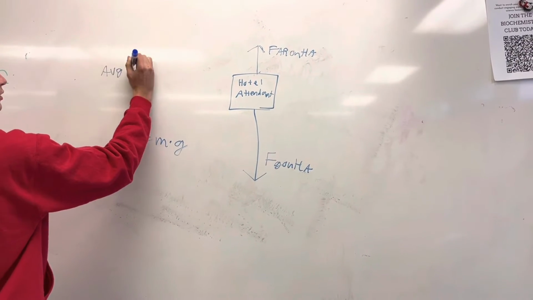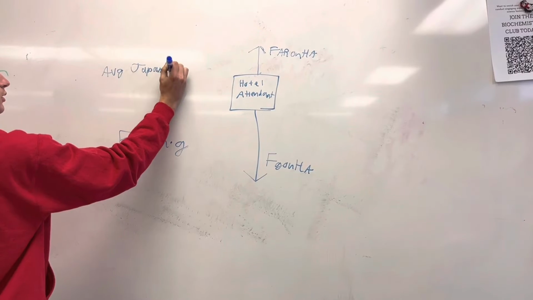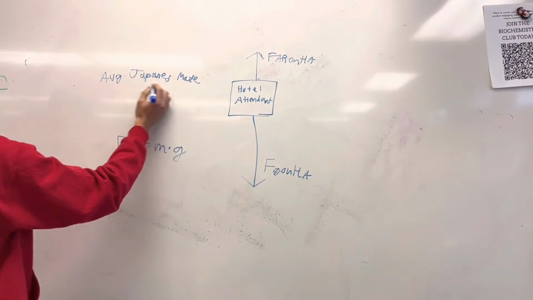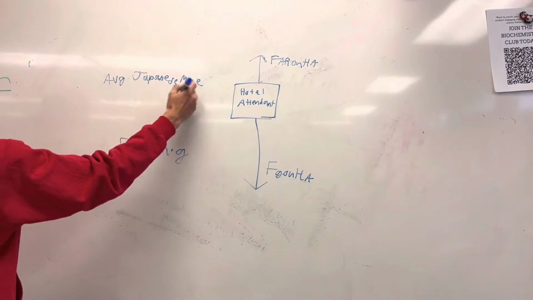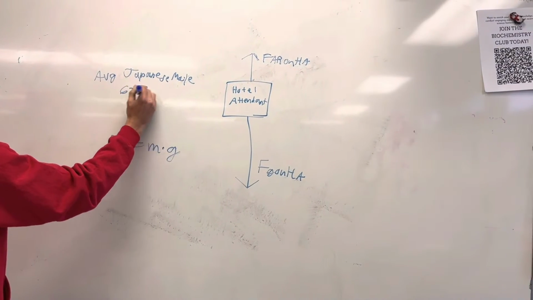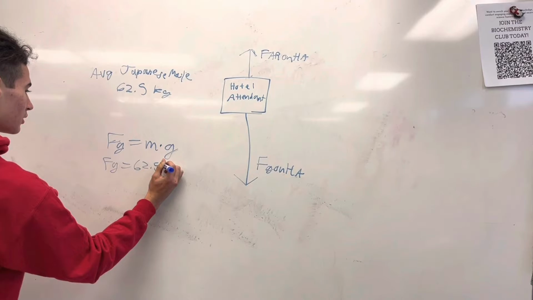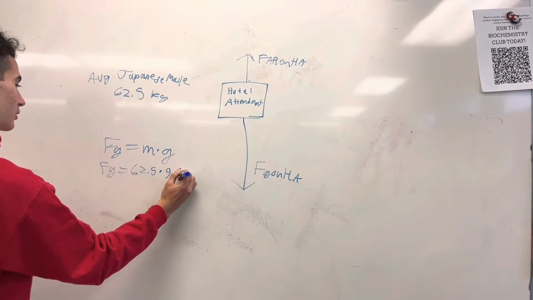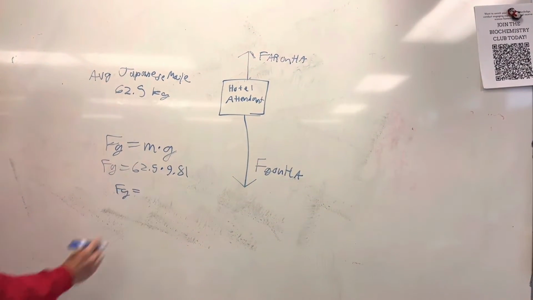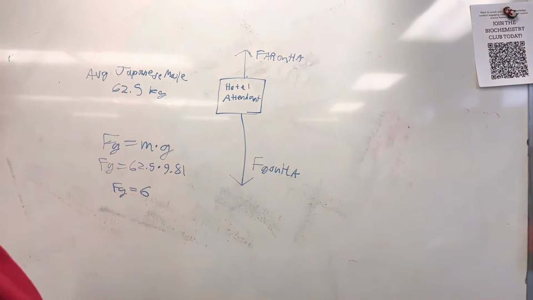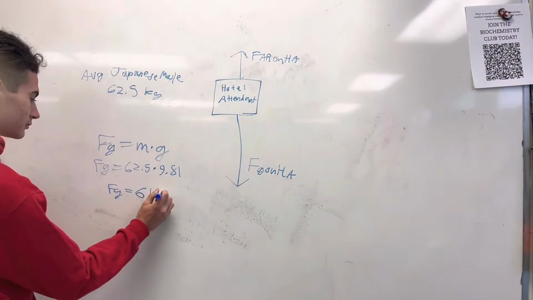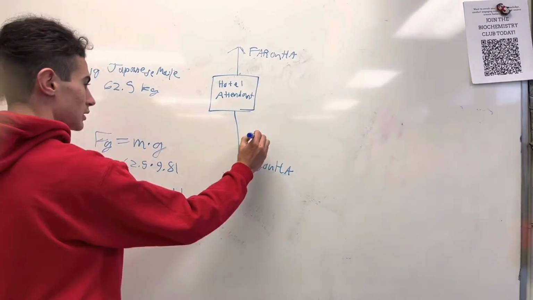The mass of an average Japanese adult male is around 62.5 kilograms, so we can use that to find an approximate force. Multiplying that by gravity, we get a force of 613.1 newtons.